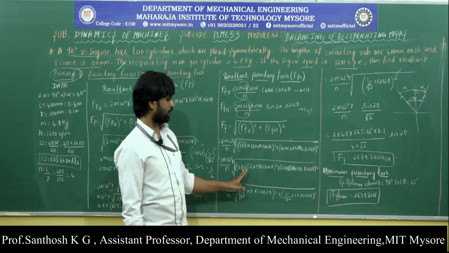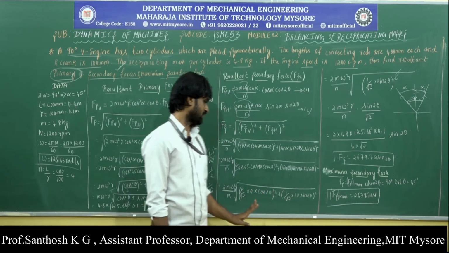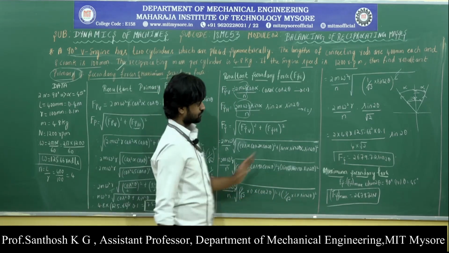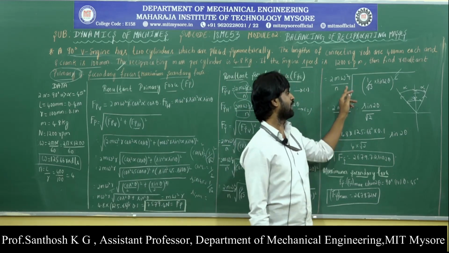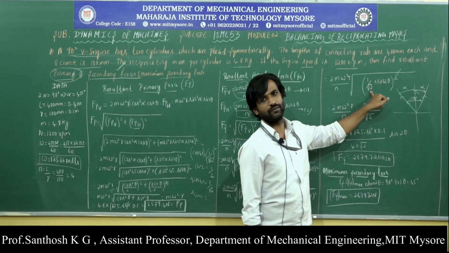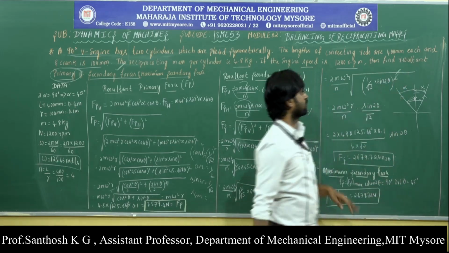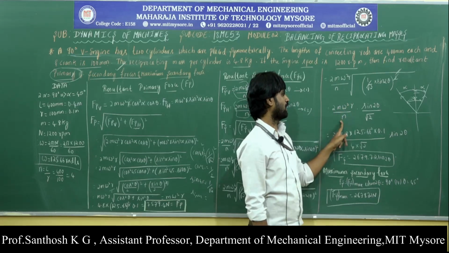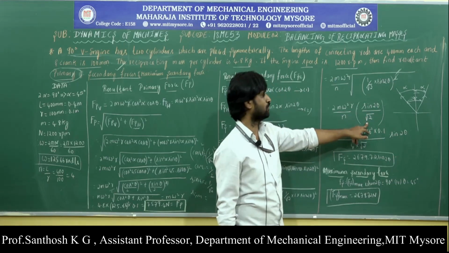By substituting the values of cos 45, cos 90, sin 45 and sin 90, and simplifying this, we get 2m omega square r by n, and in the bracket we will be left with only sin 2 theta divided by root 2 square. The square and square root cancel out, and I will be left with 2m omega square r by n into sin 2 theta divided by root 2.